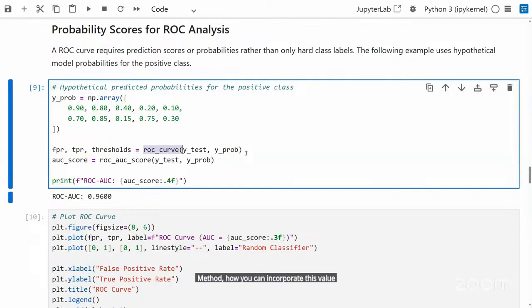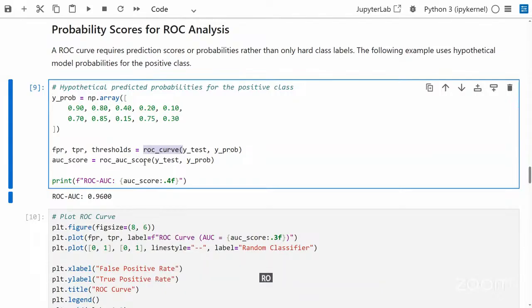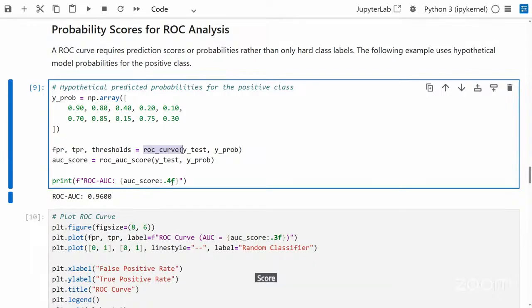ROC curve, y_test, y_probability. Okay, these functions are there in our machine learning library. From that place, you will choose these two variables, y_test, y_probability, and for the AUC score, you will use roc_auc_score, with y_test, y_probability. So when you execute, this will compute the ROC AUC, printed using the format 0.4f.